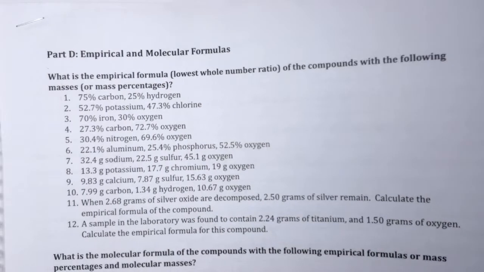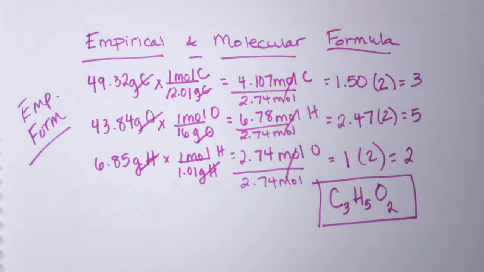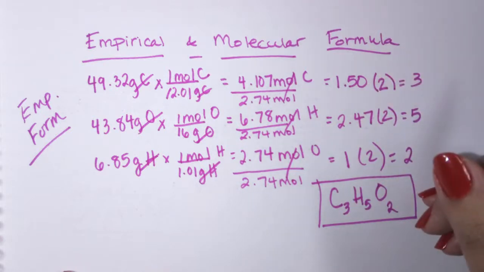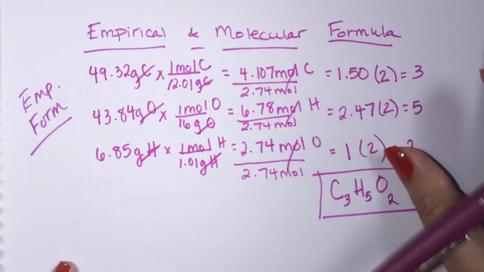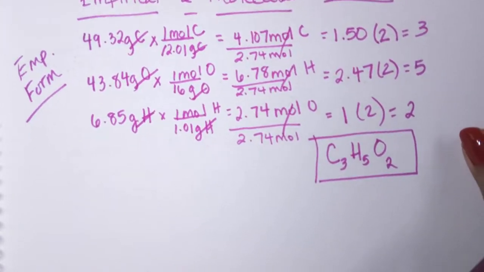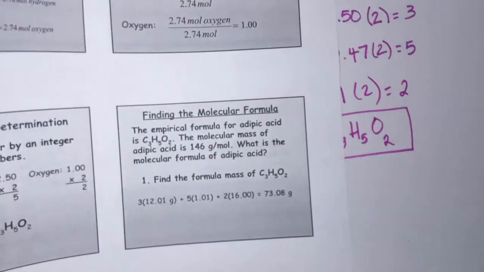Okay, but let's move on to molecular formula. So when I'm looking at molecular formula, I build off of my empirical formula. I have to have my empirical formula there because that is the simplest version of my molecular formula. So when I'm looking at molecular formula, it will give you something similar to the way this reads.